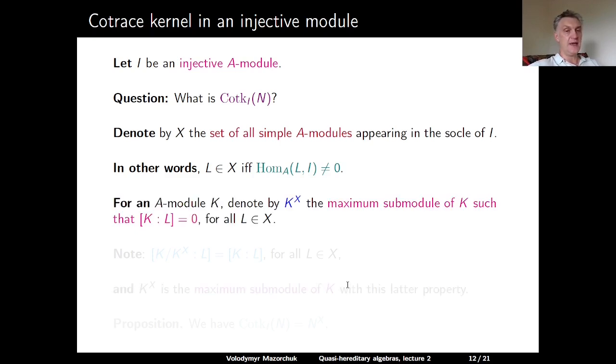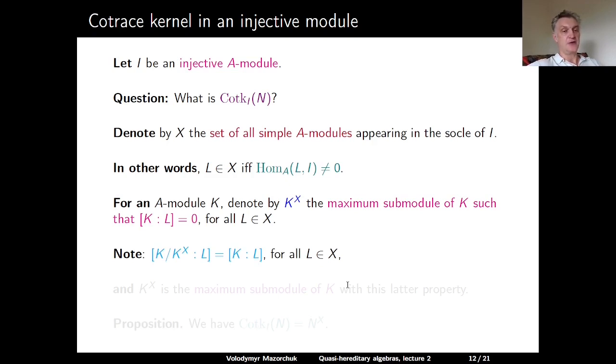For an A module K, denote by K^X the maximum submodule of K such that it doesn't have any simples from X as composition subquotients.